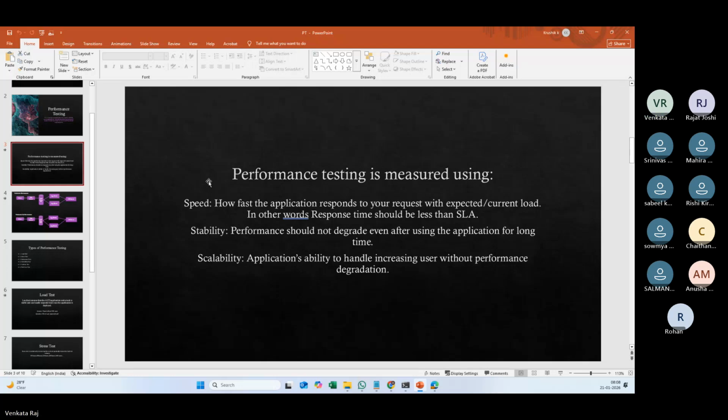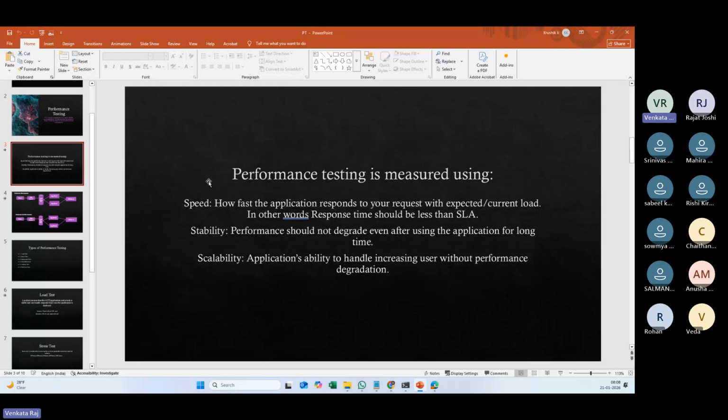We will be discussing different types of performance testing today, and I will be relating these three terms to those types. Whenever you are assigned to a project and the client has no idea about performance testing and asks you to decide what type is required, you always have to remember speed, stability, and scalability.